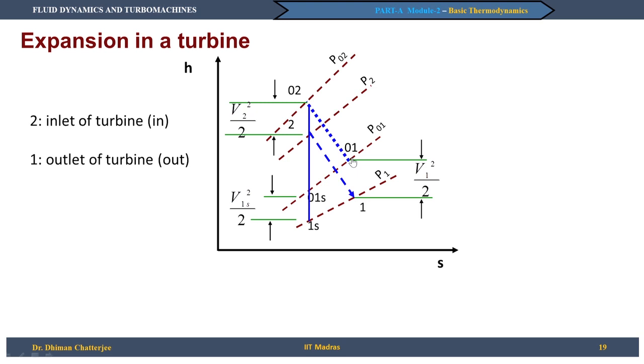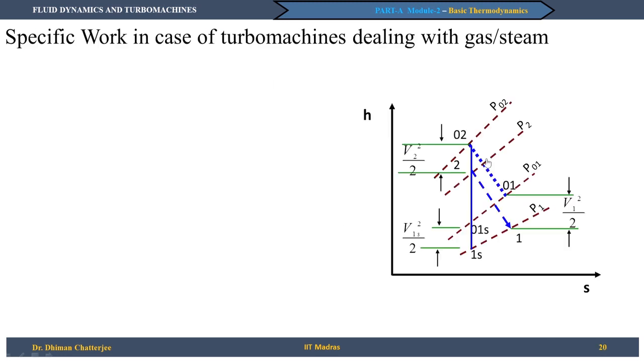That means the actual amount of power produced is related to h02 minus h01. If we want to talk in terms of static enthalpies, we can talk about h2 minus h1 or h2 minus h1s as the corresponding cases, and that will give rise to efficiency, as I will show you.